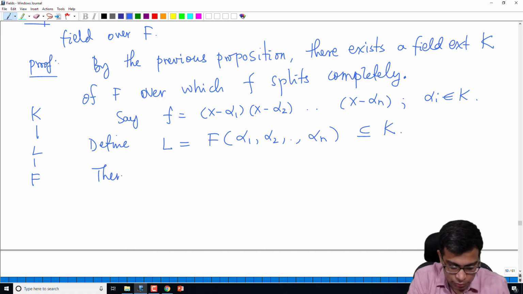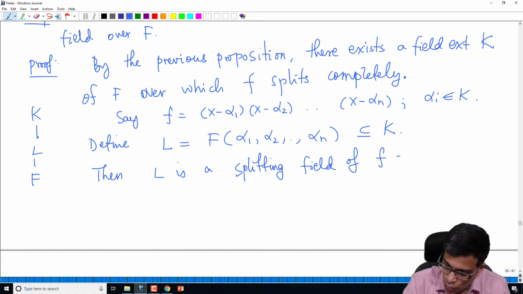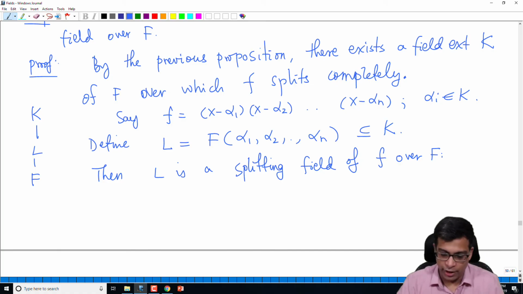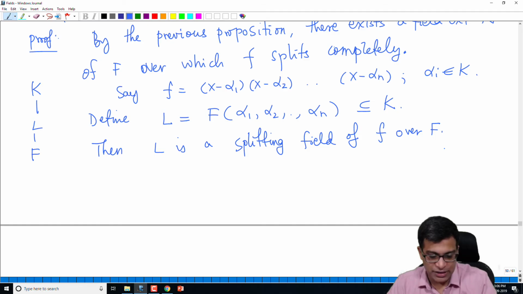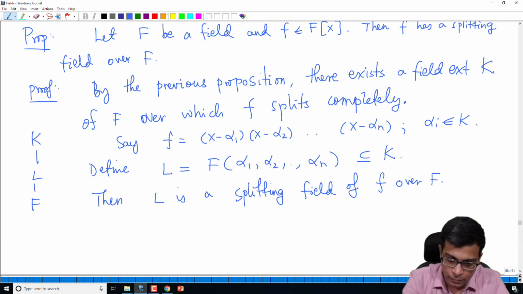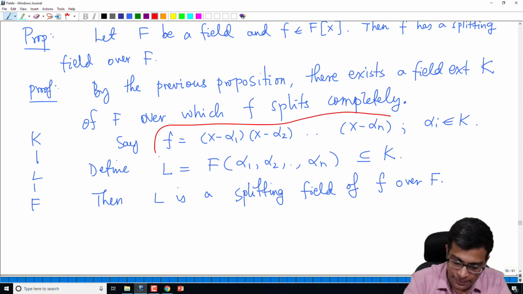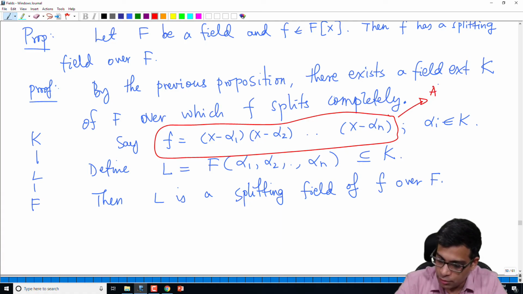So then L is a splitting field of small f over capital F. Right? Now this is clear because small f splits over L also, because this factorization, which was a priori defined over capital K[x], also holds in L[x], right?